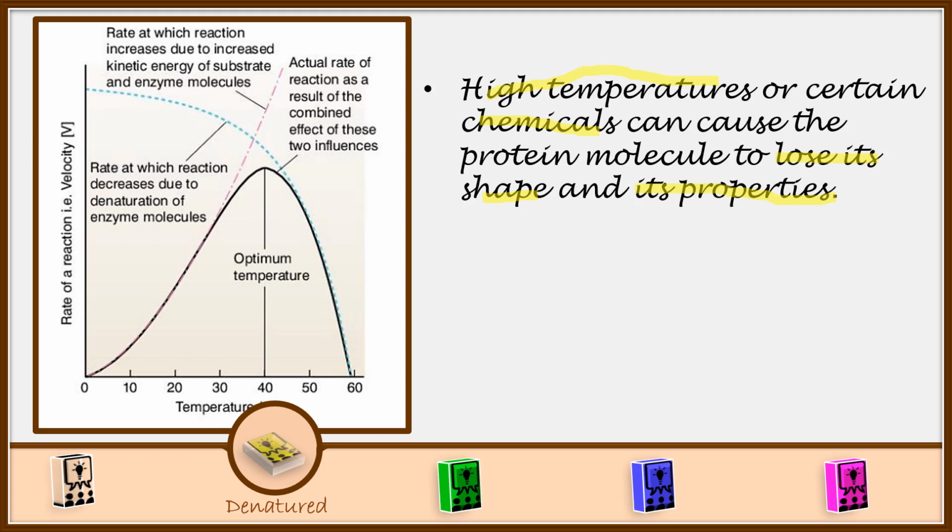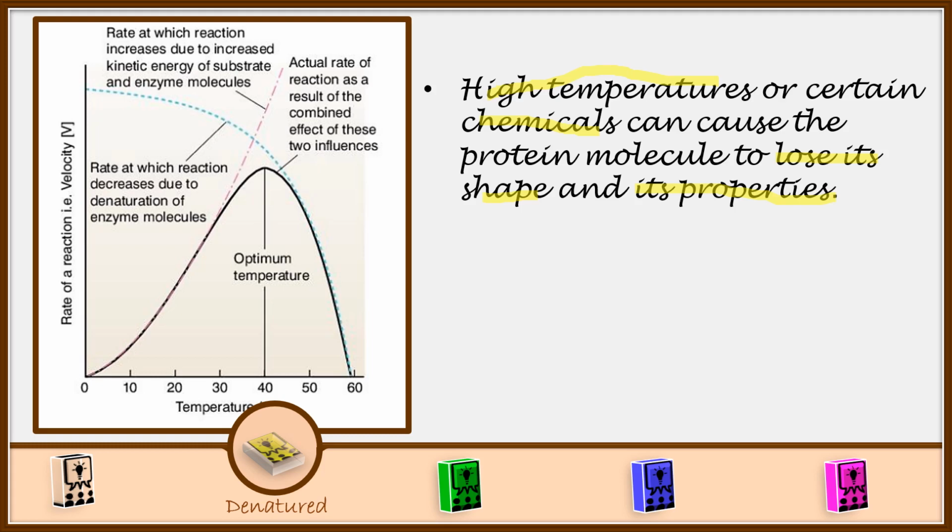But the amino acids, as they are aligning themselves, end up forming bonds, and those bonds are what give the shape of the protein. So as the temperature increases beyond the optimum temperature, the bonds between the amino acids are going to be broken. And when those bonds are broken, it means that the protein is going to lose its shape.